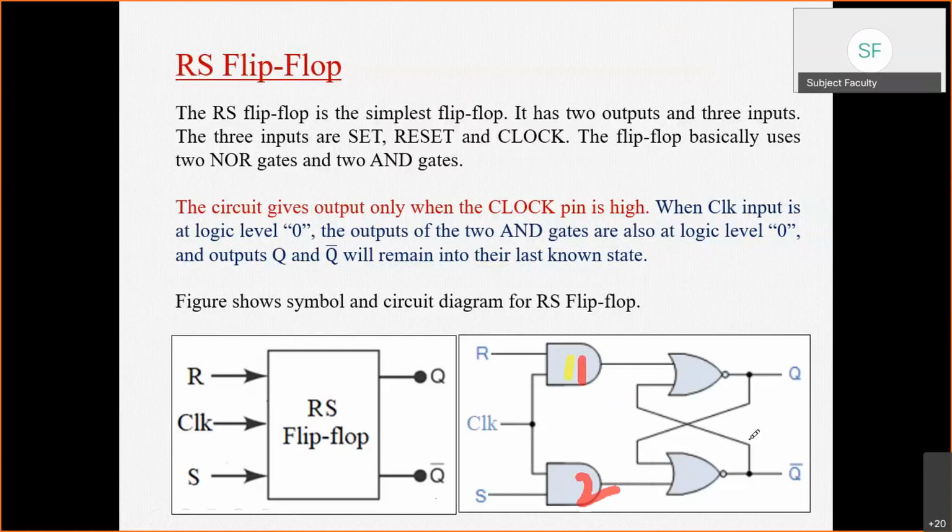Just observe these connections. These are very important connections. The output Q bar is given as one of the inputs to one NOR gate. Similarly, the output Q is given as one of the inputs to the other NOR gate. These interconnections are very important, and this circuit will work as an RS flip-flop.